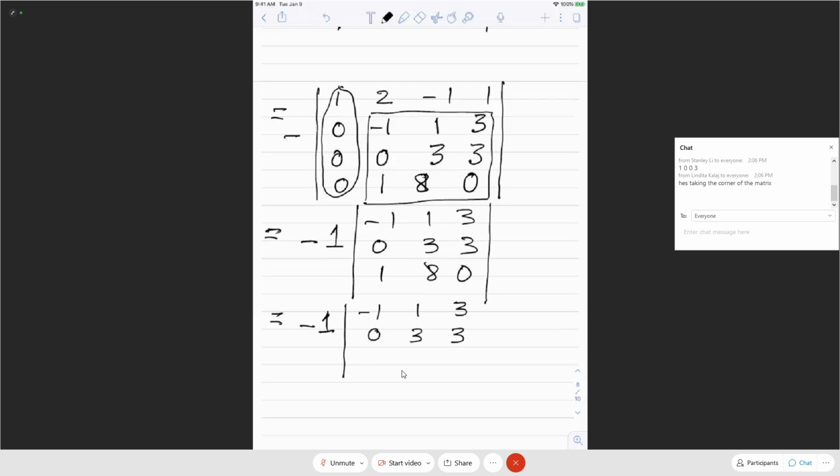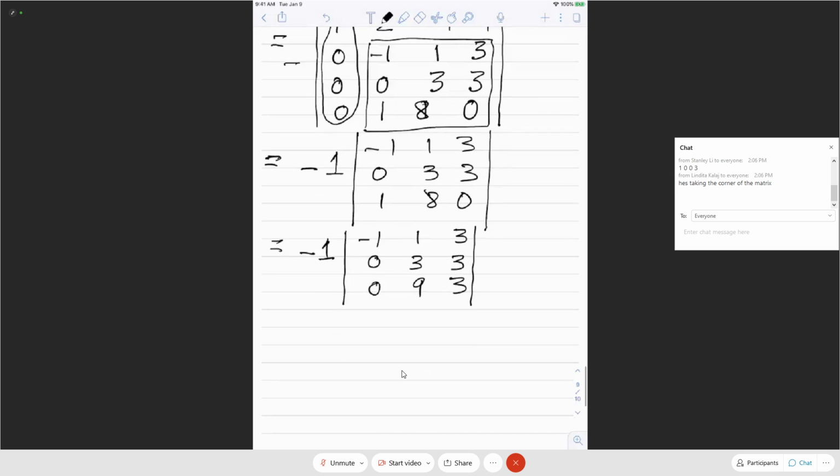And simply multiply the first row by 1 and add it to the third row. Now, expand along this column. Then you are left with only this part. 9 minus 27, minus 18.